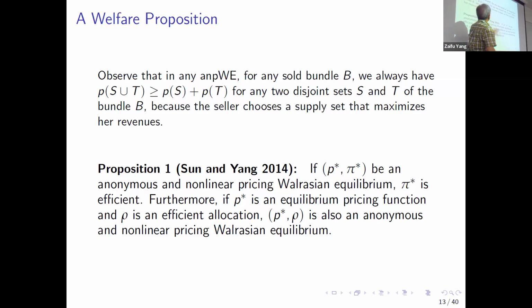However, it is possible that the price you pay for the bundle S and T together may be strictly greater than the two separate bundles. So if I cannot check your identity, you might say, I want S. You pretend to be one person, and another person also buys for you. Then actually you don't need to pay this price. You pay them separately.